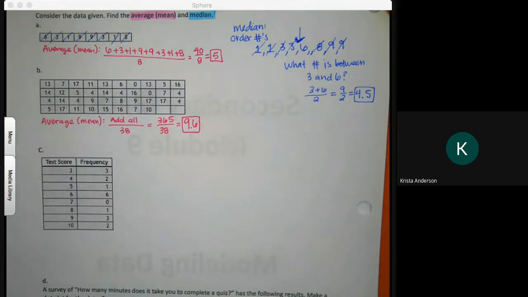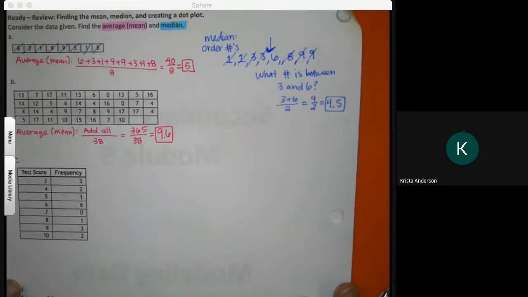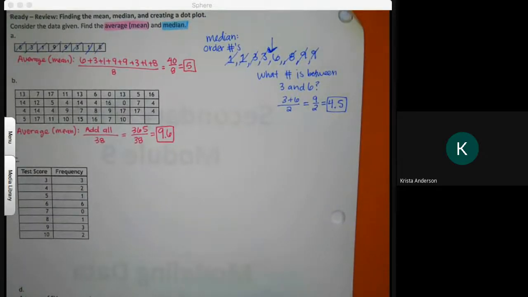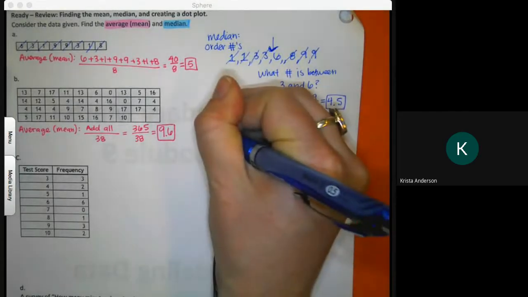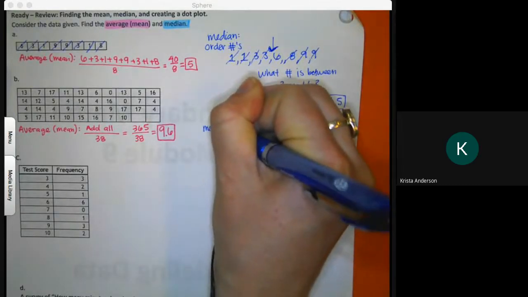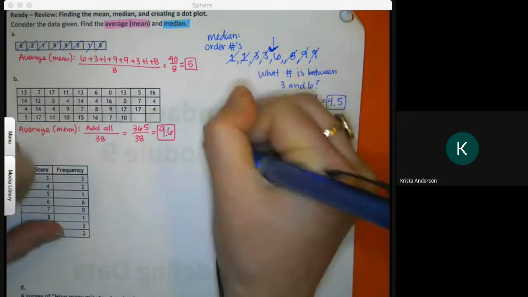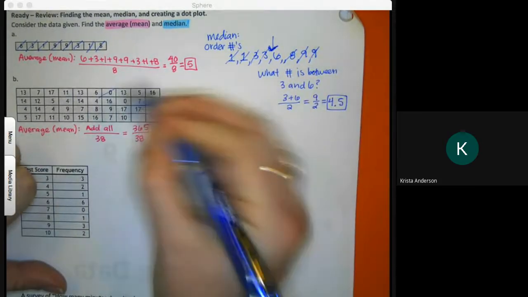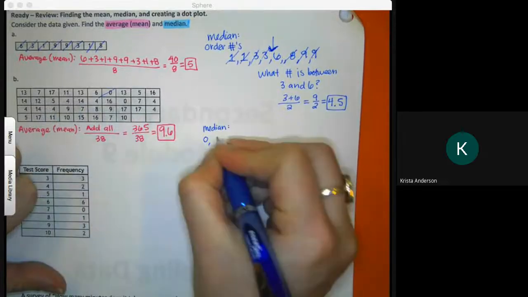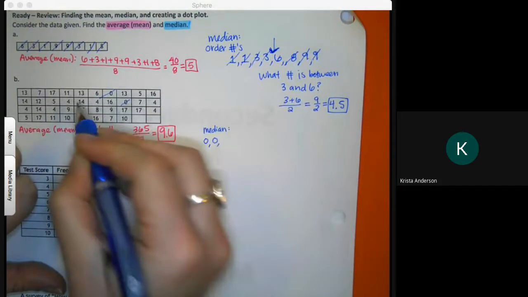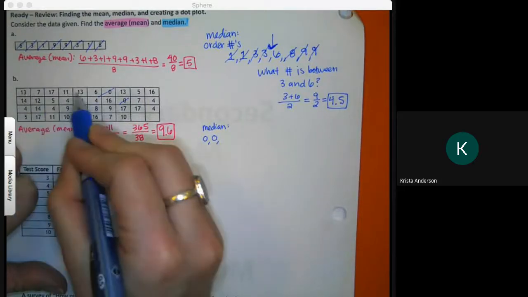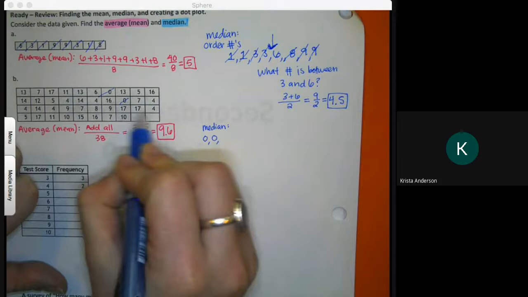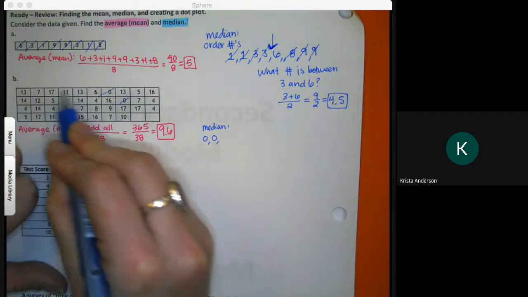When I do the median, I have to list these in order, which is the fun part. All right, zeros first. I have a 0, another 0, no other zeros. Are there any 2s? Nope. Any 3s?